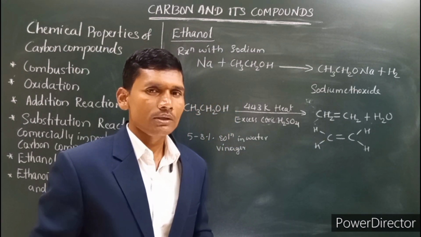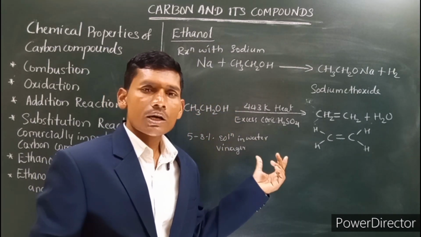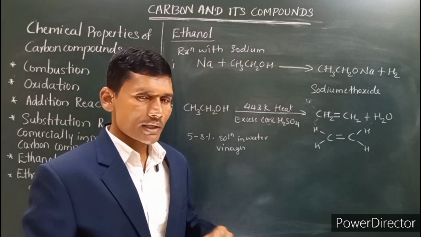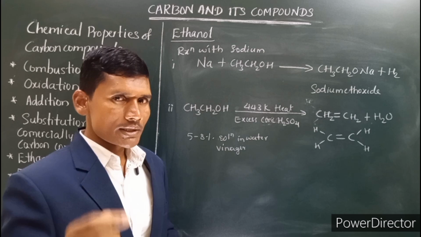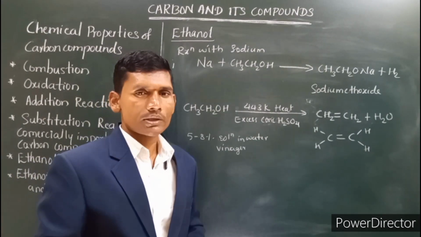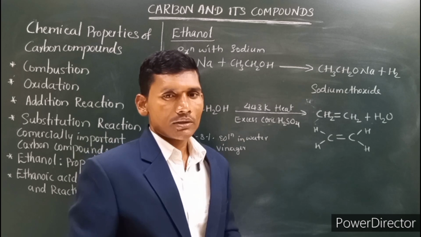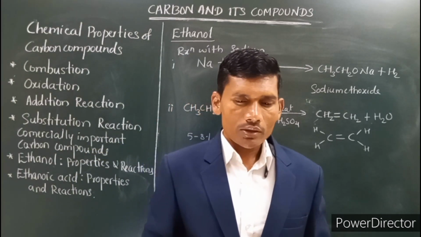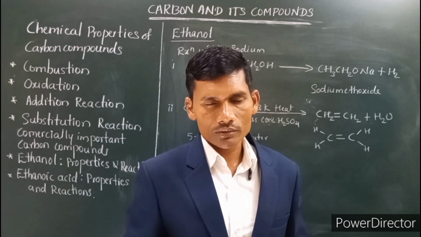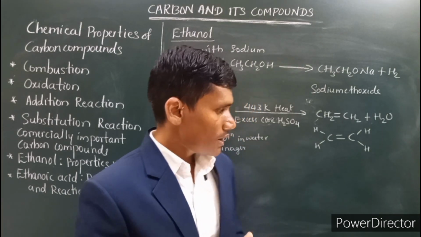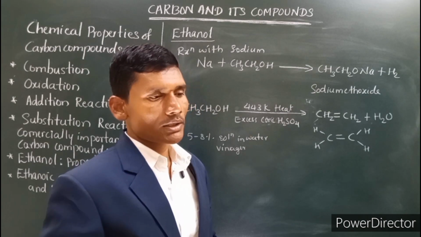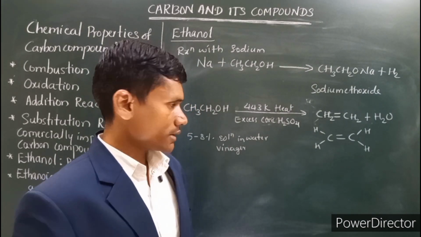Because of that, acetic acid is given the name glacial acetic acid. That is the reason it has got the name, right? Now we need to learn the reactions of ethanoic acid. First is the esterification reaction.